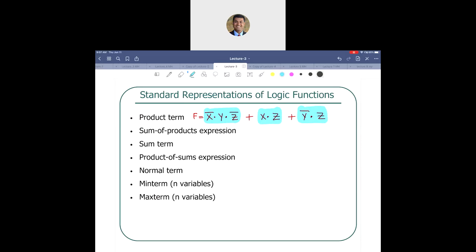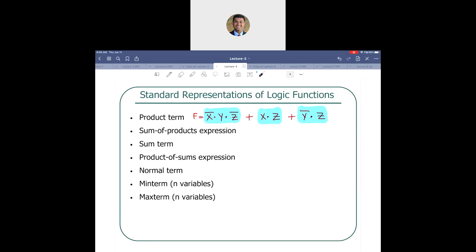So a product term is a term in a sum of products expression which involves the AND operation on certain input literals. You can see that there is an AND happening between two of them, AND happening between two of them, AND happening between three of them.